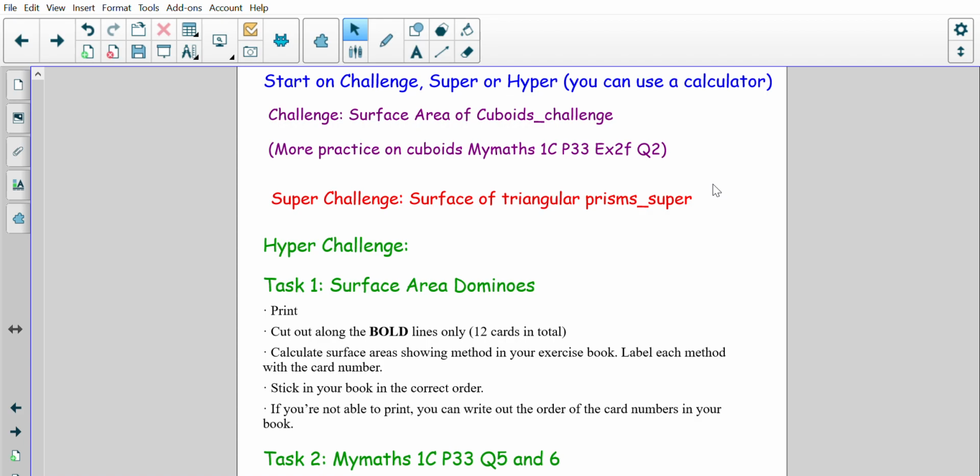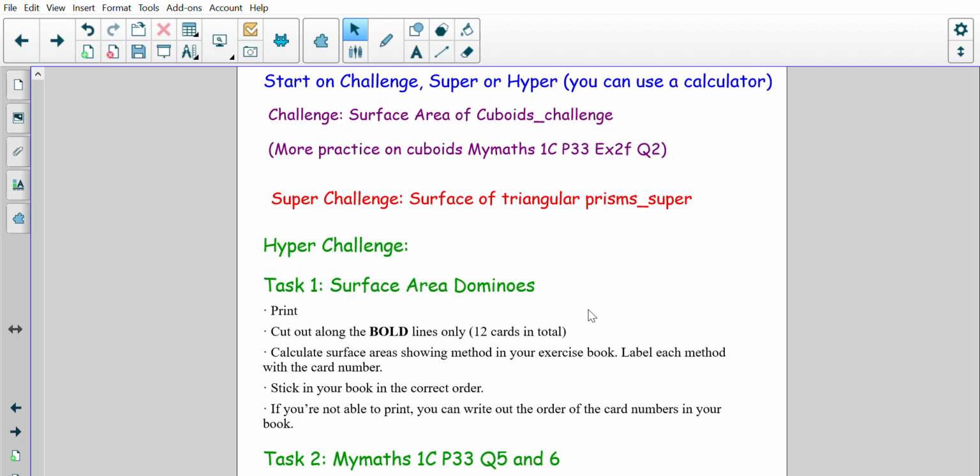If you want to dive straight into the hyper challenge, it's some domino cards. If you can print them, print them out and cut them out along the bold lines only, so they're dominoes. Each card should have two sides to it, a shape and a question. You should get 12 cards in total.